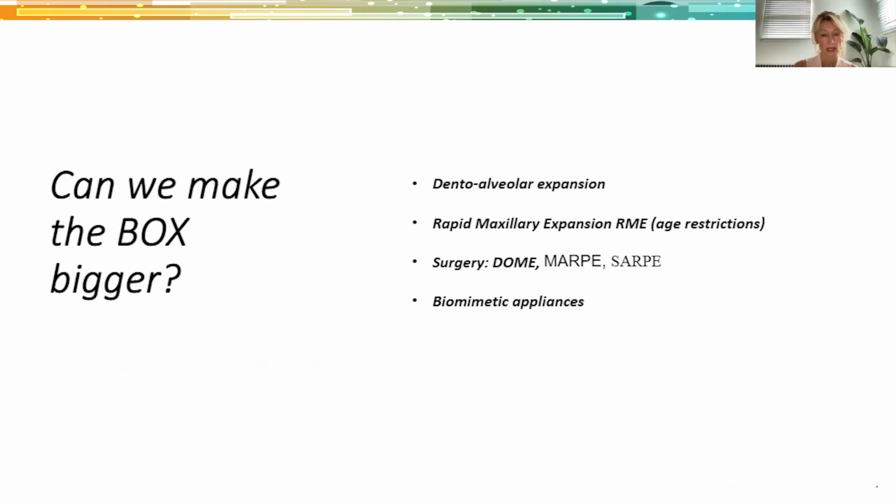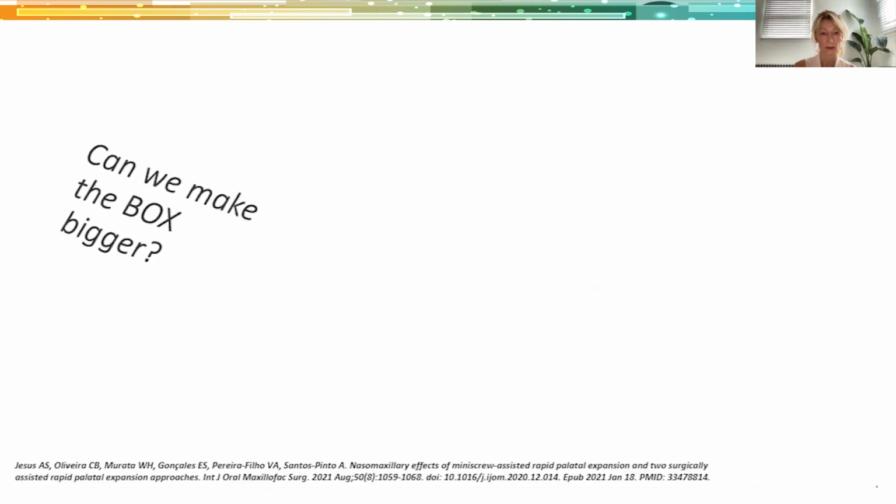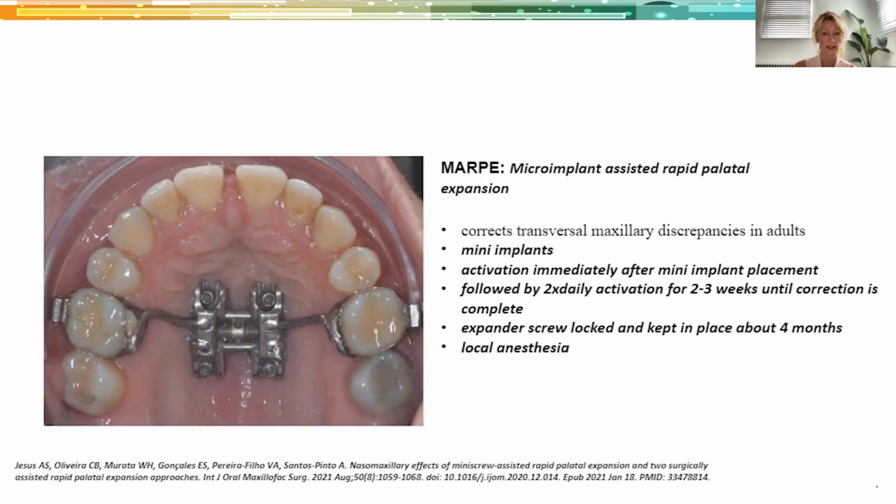Now, what happens with adults, though? With kids, they're growing. We have windows of opportunity to make things better for them. However, with adults, unfortunately, the options are more limited and more invasive. There are a few techniques described. One is the MARPE technique, the micro-implant assisted rapid palatal expansion.